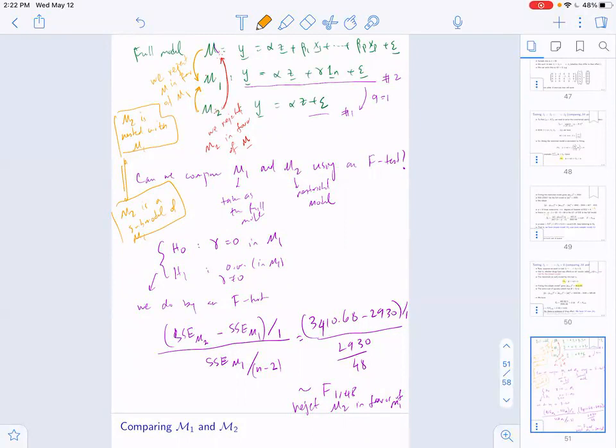So can you give me an example of a case where two models are not nested, and so we can't do an F-test? What would be an example where the two models are not nested? Anyone?